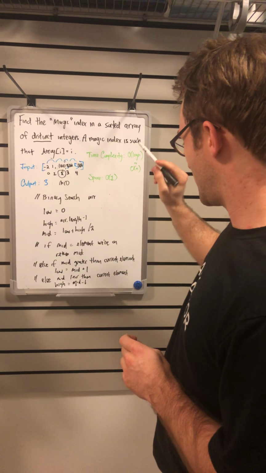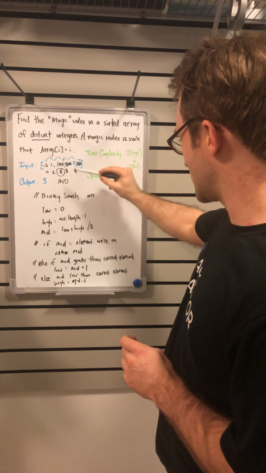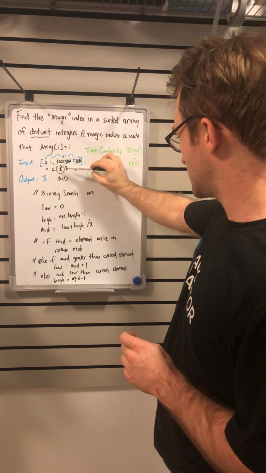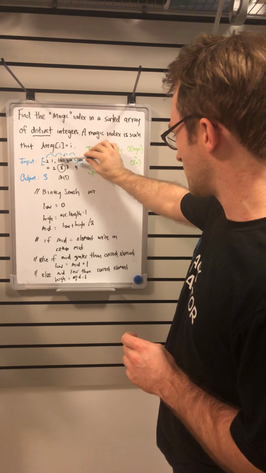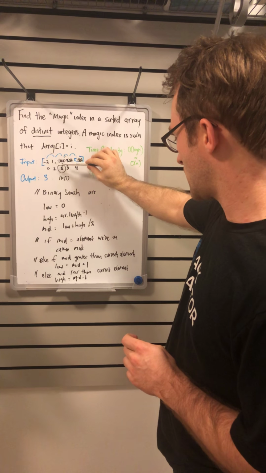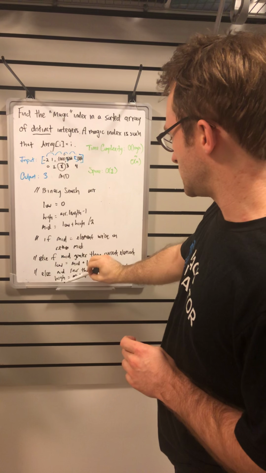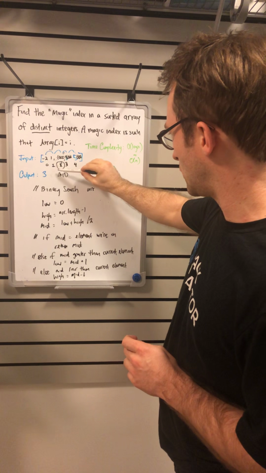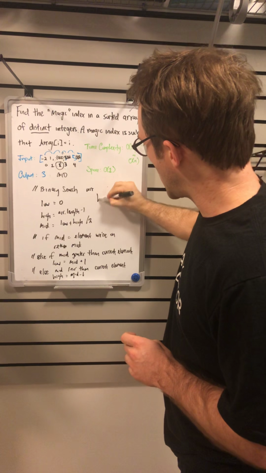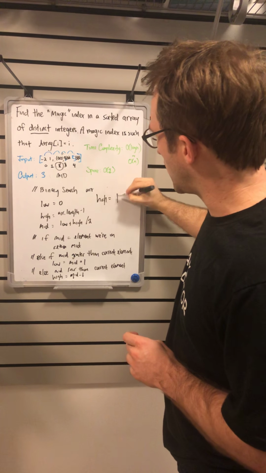So if this is our mid starting out, which is 2, and then we see that this number is greater than 2, the high is going to be moved to 1. So the high will be equal to 1.